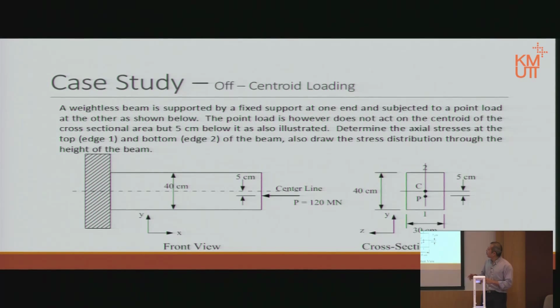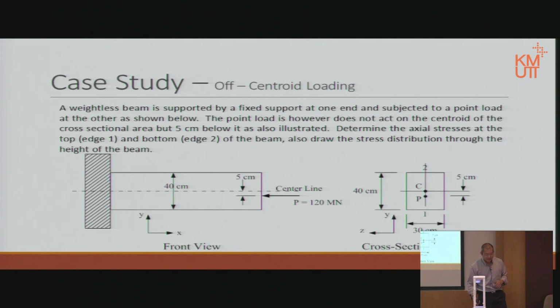Now, the question wants to know what the stress level is at edge 1 down here and at edge 2 at the top there. It also would like to see the stress distribution through the height, not through the depth, which means this way, of the cross section of the beam.